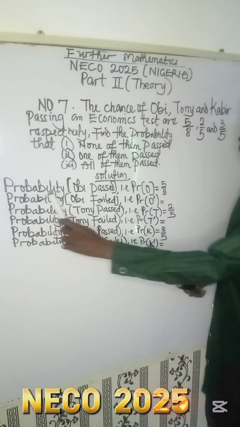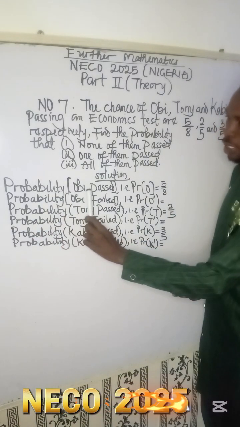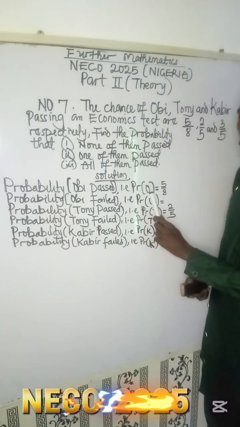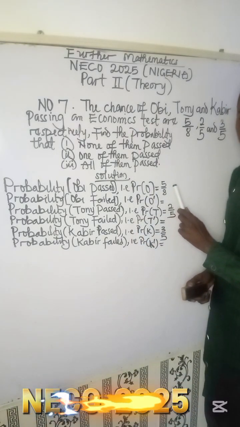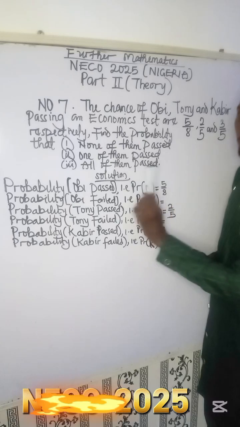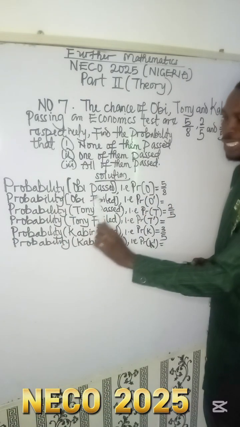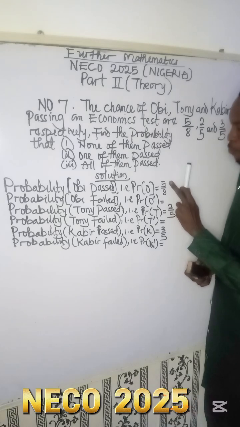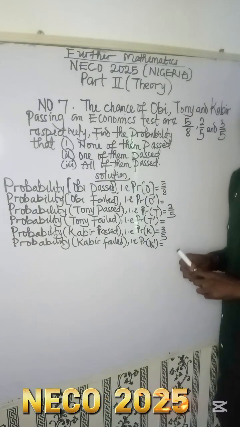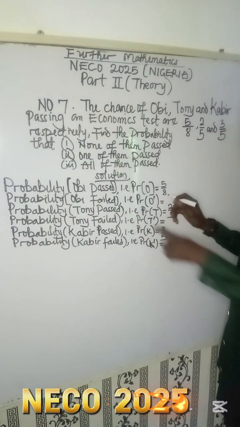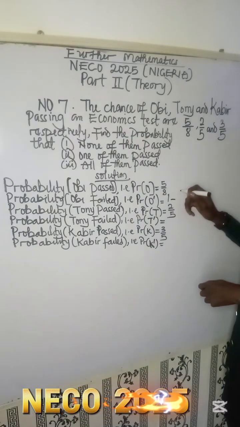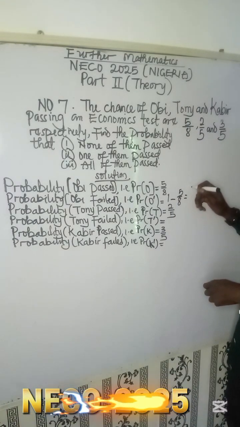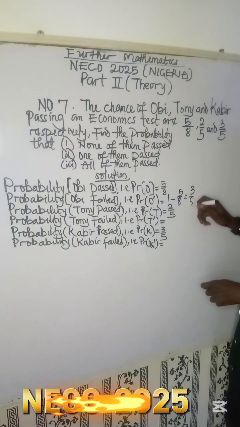From the question, we were given the probability that each of these students passes. The probability that Obi passes is 5 divided by 8. Before we proceed, I'm going to find the probability that Obi fails. It is 1 minus 5 divided by 8, which gives 3 divided by 8.